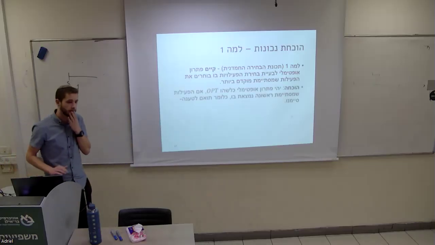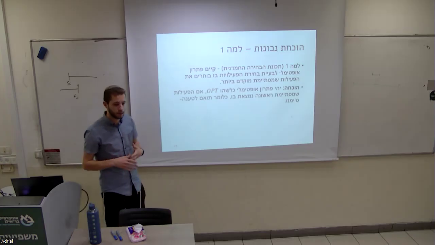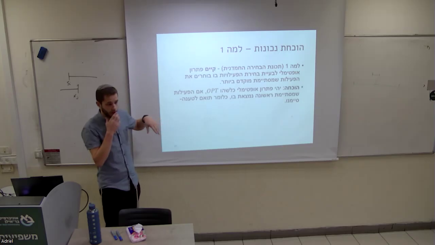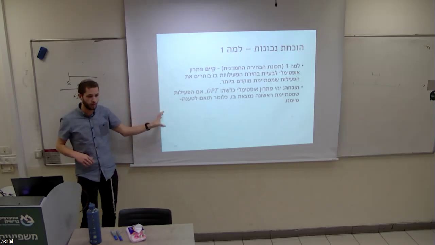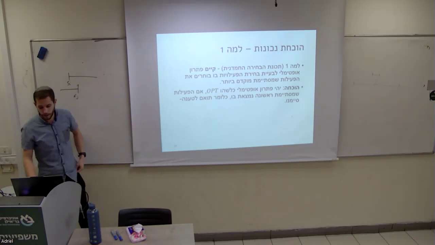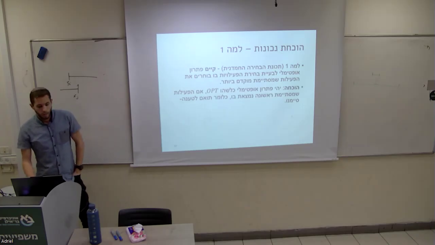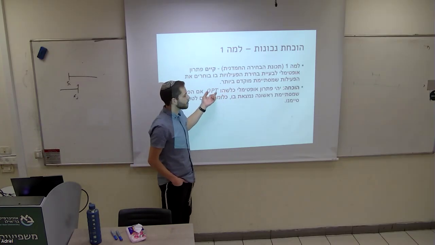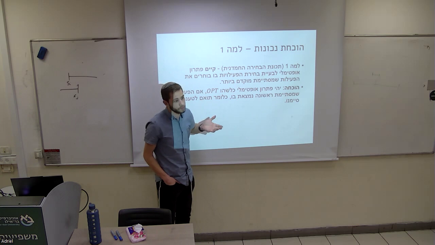Okay, so proof. The structure of the proof really repeats itself. I did one slide at the end where I show you the structure of the proofs of both of them, but when you do it formally, it will be a little bit longer. So let there be some optimal solution.